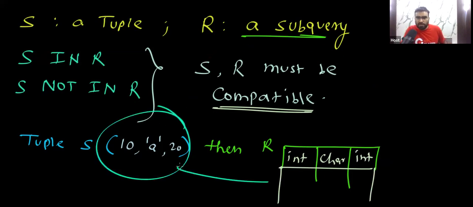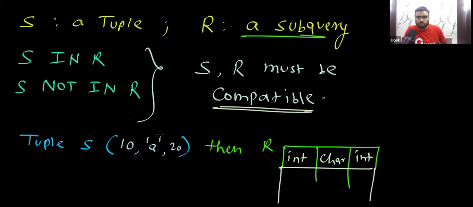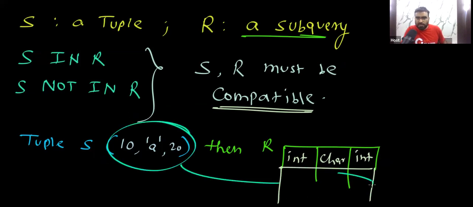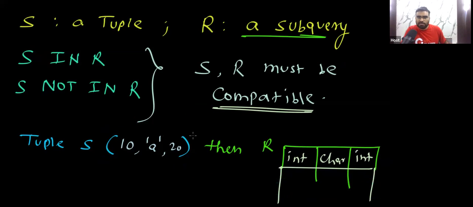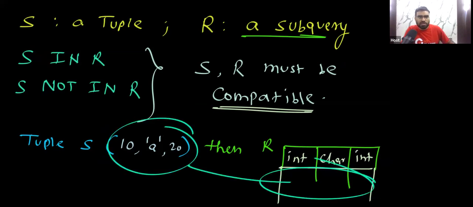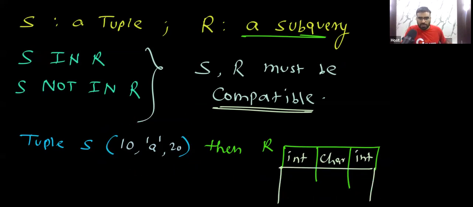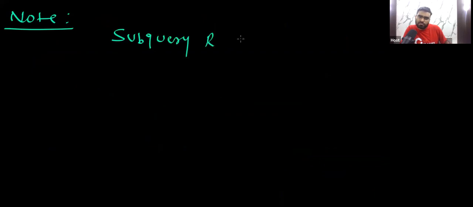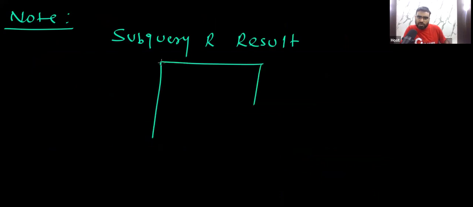This tuple belongs here, so we check: does this tuple belong here? Is this clear? Very simple. For example, I give you this subquery R result. Let's assume this is the subquery R result.